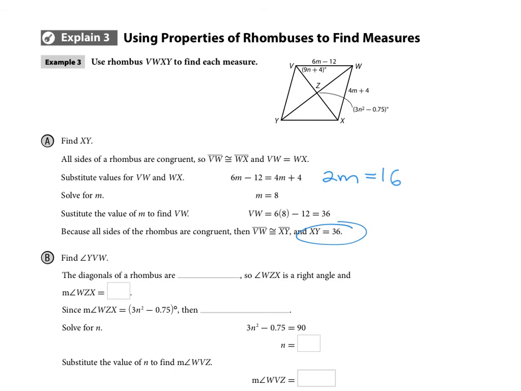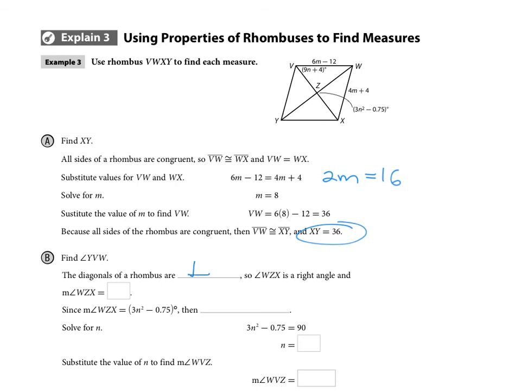Okay, now we're going to do the same for part B. For angle YVW, that's this outside angle here, what we want to do is figure out that the diagonals of a rhombus are perpendicular. You can put the perpendicular symbol there.